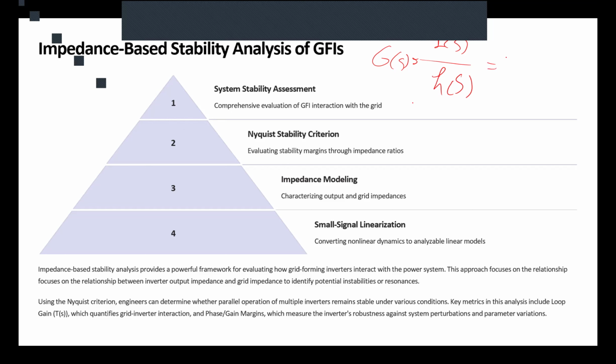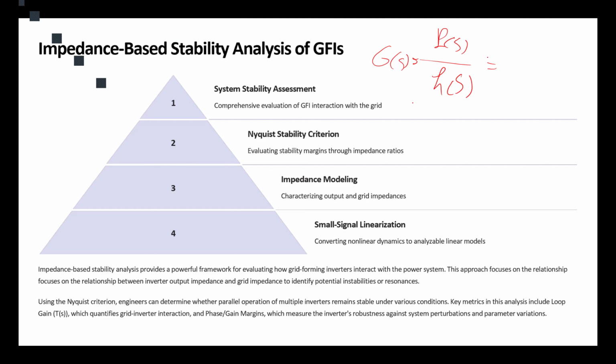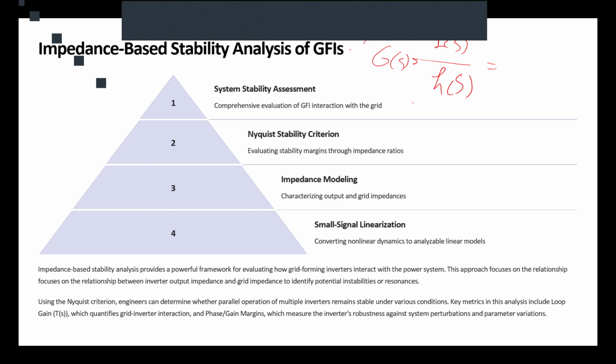When we talk about stability, what are the unstable situations? Are you familiar with the Laplace transform? What would be the unstable situation for this transfer function? What are the points that we have to avoid?